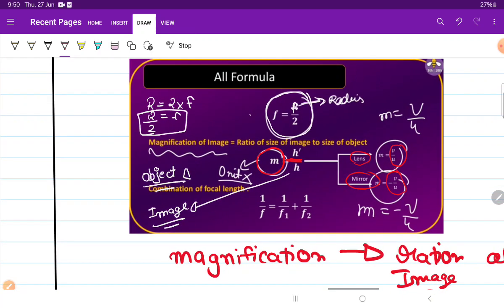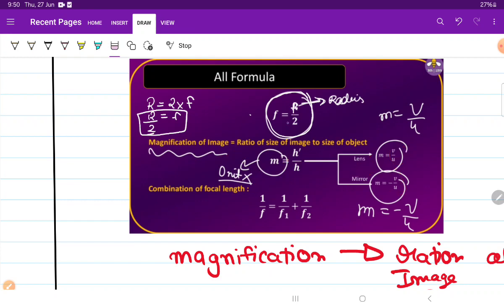I have told that. And what is m? M is the symbol of magnification, and it has no unit. So you don't have to remember the unit of it.